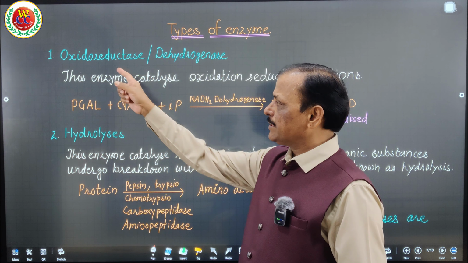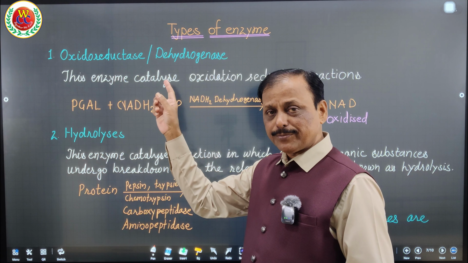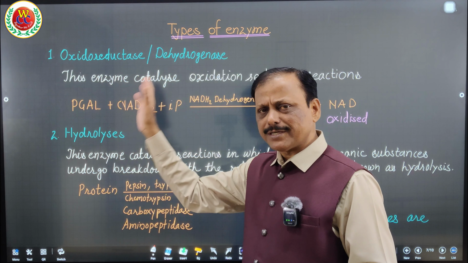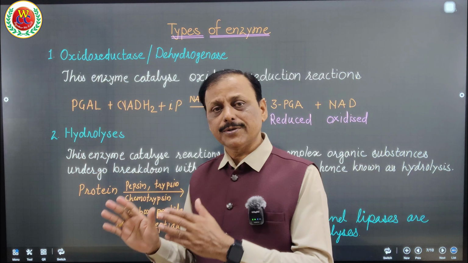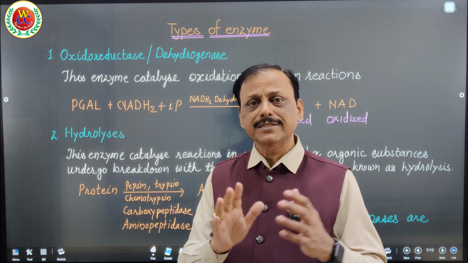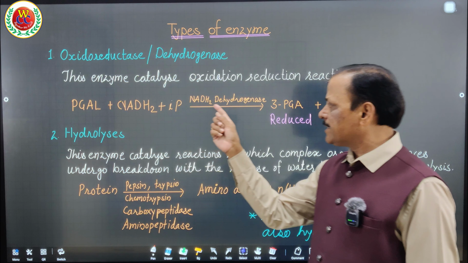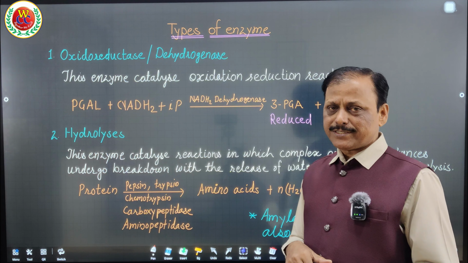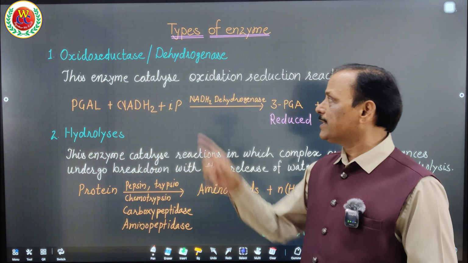Therefore, although oxidoreductase is only one major group, there are hundreds of enzymes under that heading which work for oxidation and reduction reactions occurring at various levels, in various tissues or various processes. So here, suppose an enzyme NADH2 dehydrogenase is given under the heading of oxidoreductase and dehydrogenase.